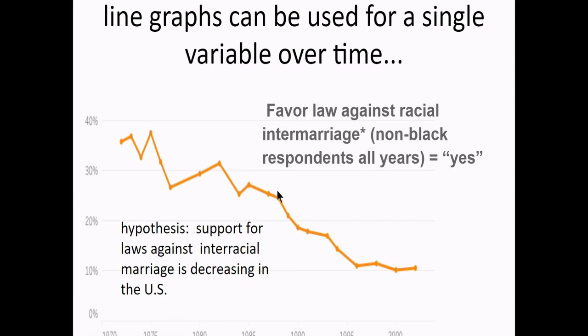And that's what line graphs are typically best used for, whenever you have multiple different data points across a large time frame. It gives you an idea as to how trends are changing and whether they're going up and down.